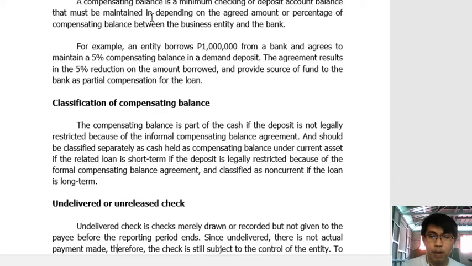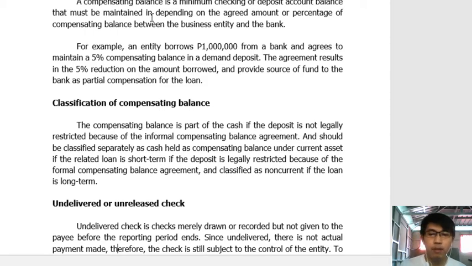Paano naman kapag meron siyang, if the deposit is legally restricted because of the formal compensating balance agreement and the loan is long-term, it will be classified as a non-current investment. Kaya ang sabi dyan, classified as non-current if the loan is long-term. So, i-summarize lang natin, kapag wala siyang legal restriction because of the informal compensating balance agreement between the entity and the bank, yun ay can be classified as cash.